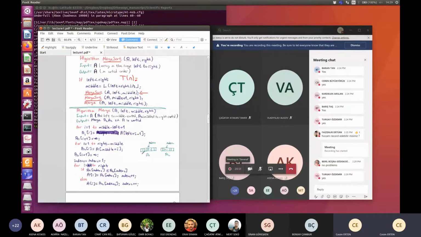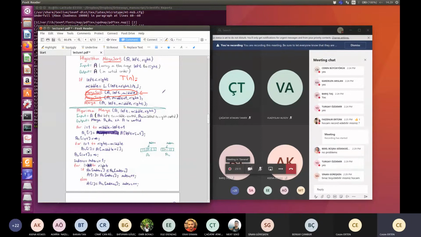Okay, so any idea on how to describe time spent for this initial recursive call? Should be easy. If T of n, can you not see?